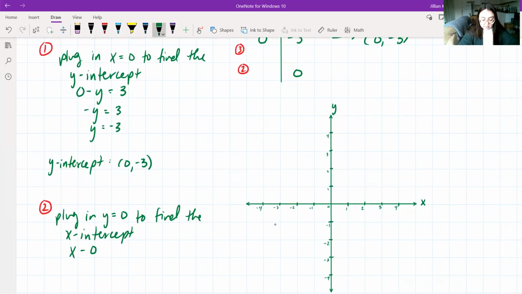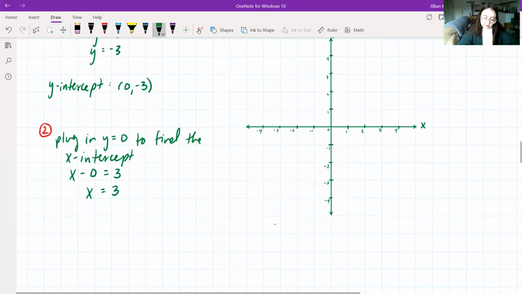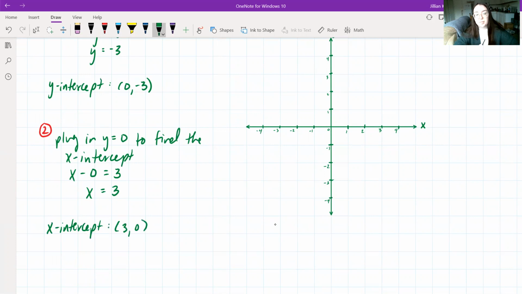So x minus 0 is equal to 3. So we get that x is equal to 3. So we fill in our table. So we say 3 is our x value, and our ordered pair is 3, comma, 0. And our x-intercept is found at 3, comma, 0.